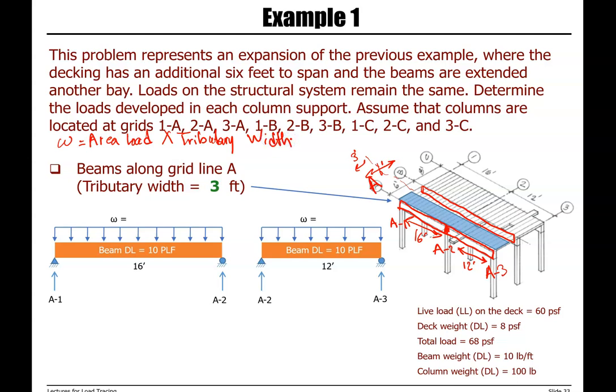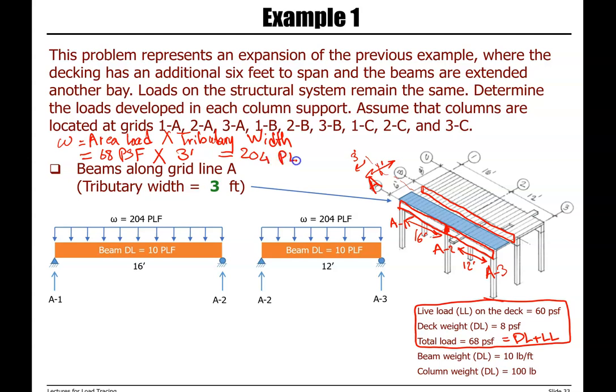So the area load is still the same. Dead load and live load is equal to 68 PSF times tributary width, which is 3 feet, which gives us 204 PLF. That is the load transferred to beams along grid line A.